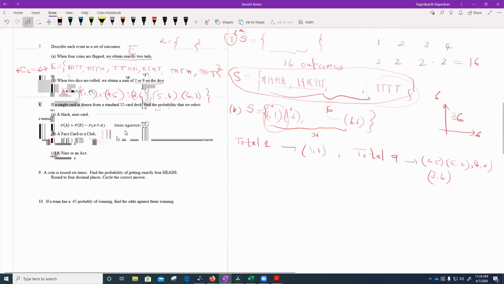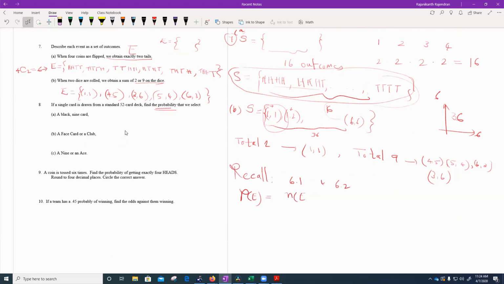Remember, we have the formulas for probability. Recall from 6.1 and 6.2: the probability of any event E is given by the number of outcomes of that event E over the number of outcomes in your sample space. Then the probability of any event's complement is 1 minus the probability of that event.